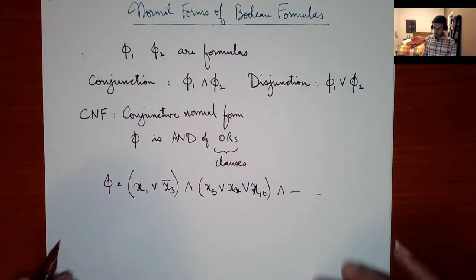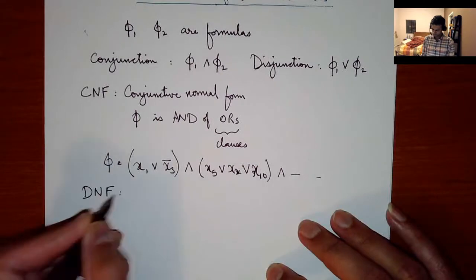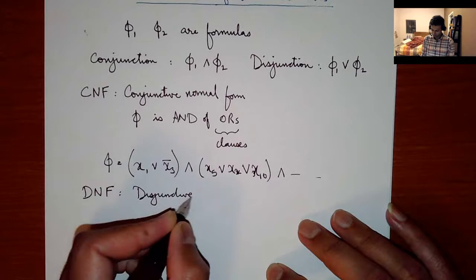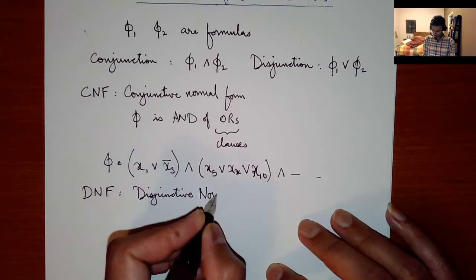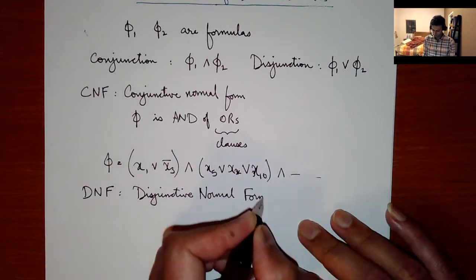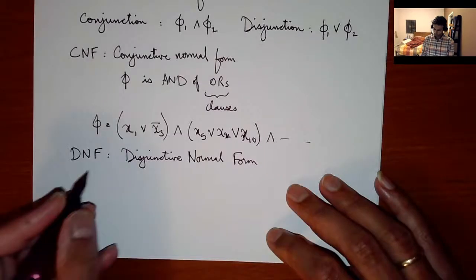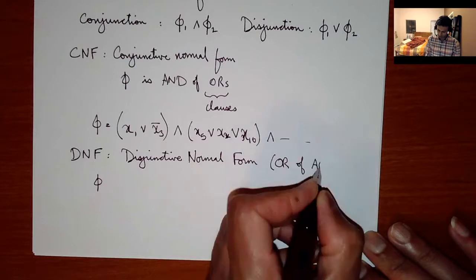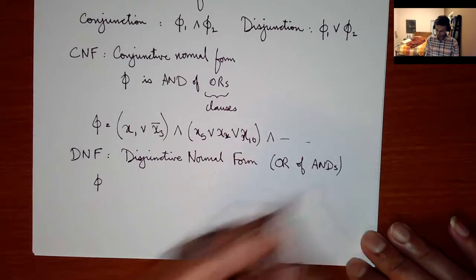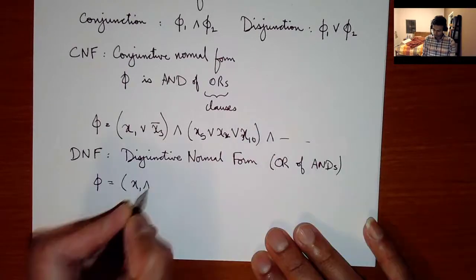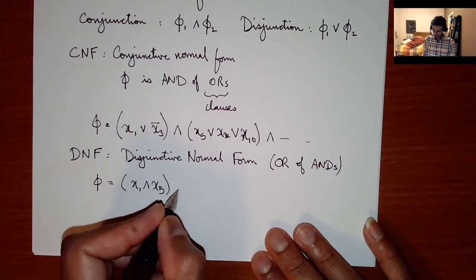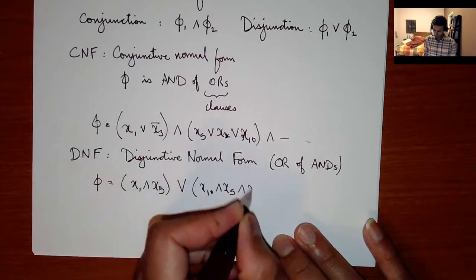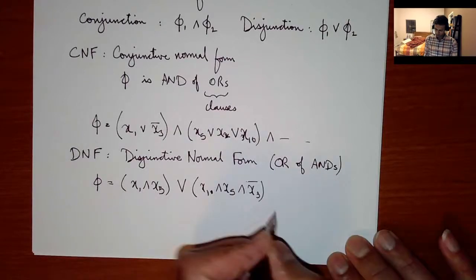Similarly, you have something called DNF, which is disjunctive normal form, where now you would flip it. It's an or of ands. So phi would be x1 and x5, or x10 and x5 and x3, so on and so forth.